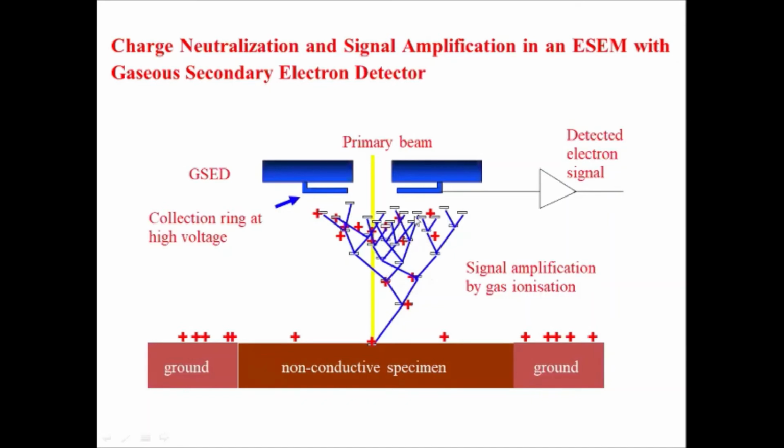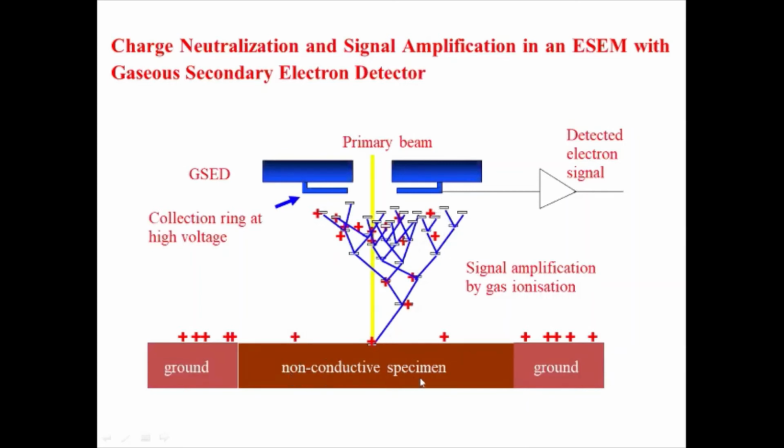Interestingly, the positive ions get attracted to the sample. Now, in case the sample is non-conductive, what is going to happen? The primary beam, when it arrives, will impart some negative charge. So these ions will neutralize this charge.